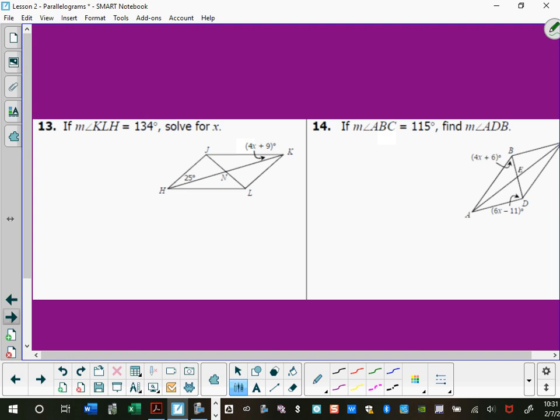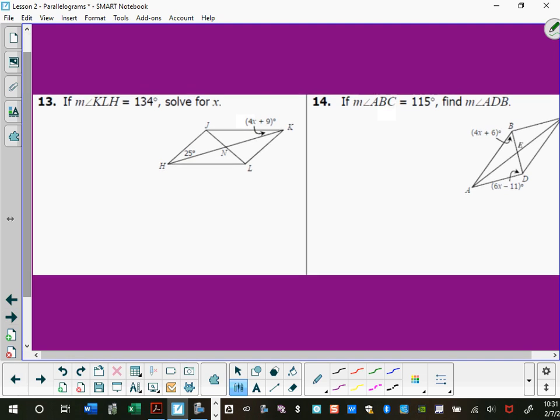All right, we have one more to do. Number 13 says that the measure of angle KLH is 134. So this angle, both of those angles is 134. Solve for x. Well, if that's 134, what's this angle going to be?